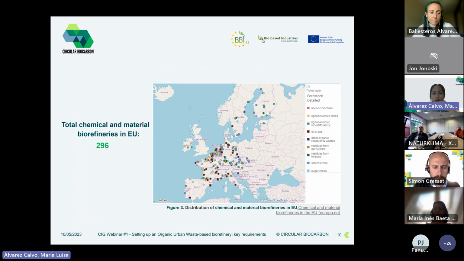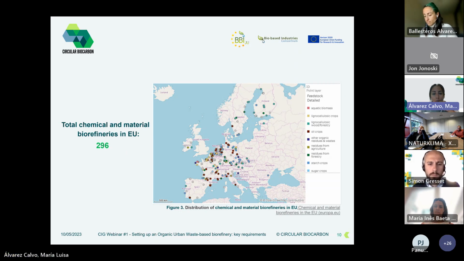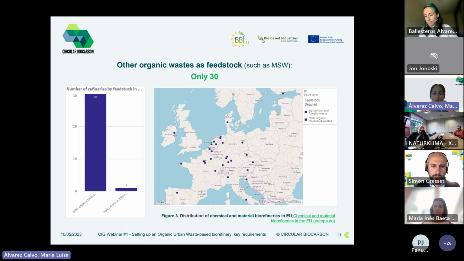Among them, only 296 are biorefineries destined to produce bio-based chemicals and materials, as you can see in this figure. But going more in depth, only 3 biorefineries that produce bio-based chemicals and materials use other organic wastes as feedstock, different to agricultural and forestry wastes, such as, for example, municipal solid waste.